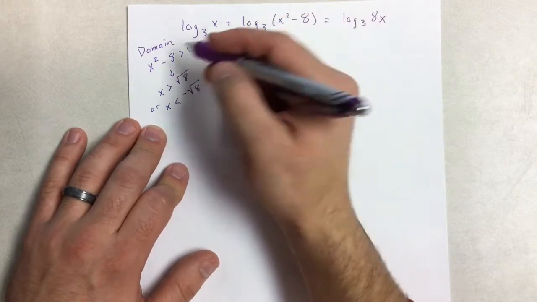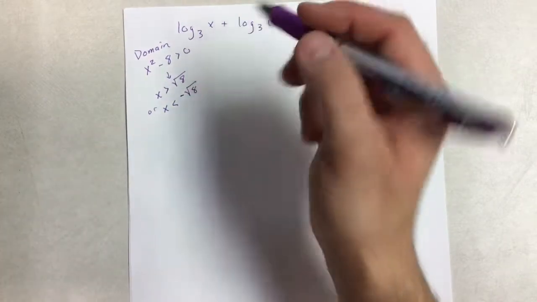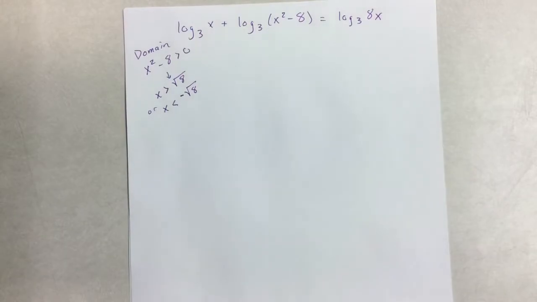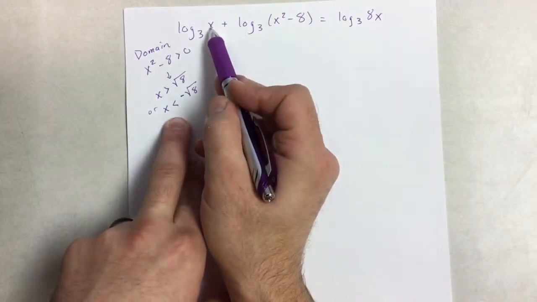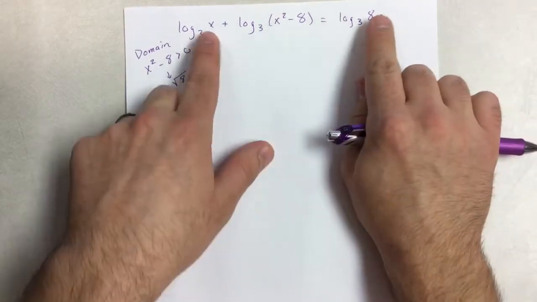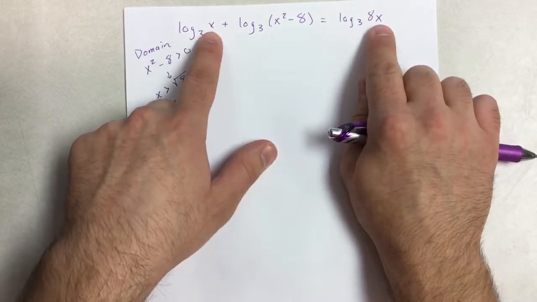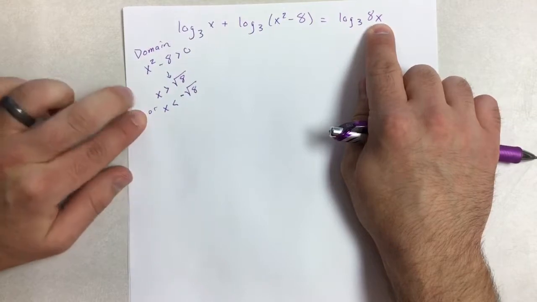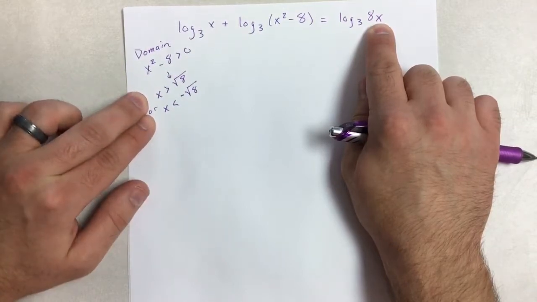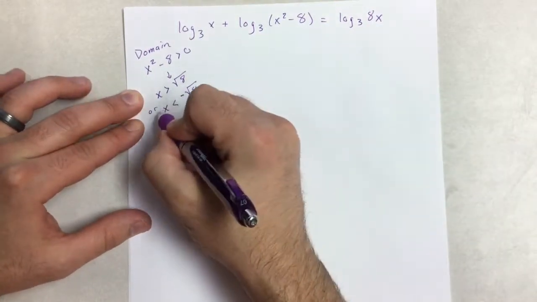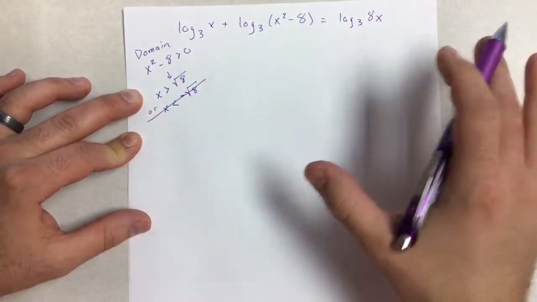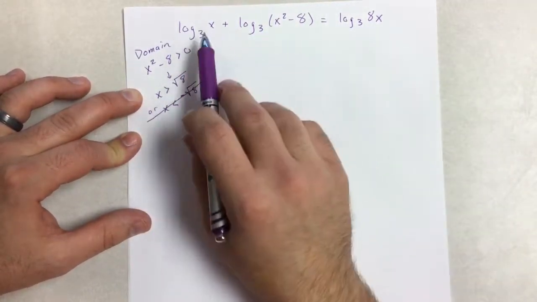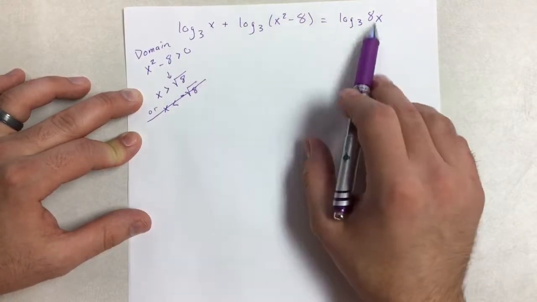Okay? So we've talked about how to solve that, but even here, something interesting. If x has to be greater than 0 for these two, what can we say about this domain? What we can say is this second result is actually excluded because x still has to be greater than 0 for these two.